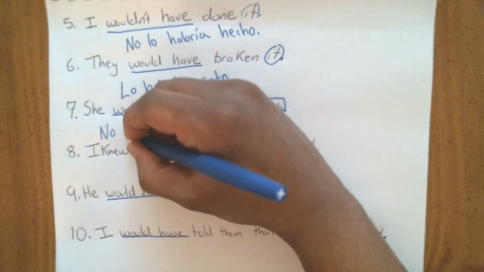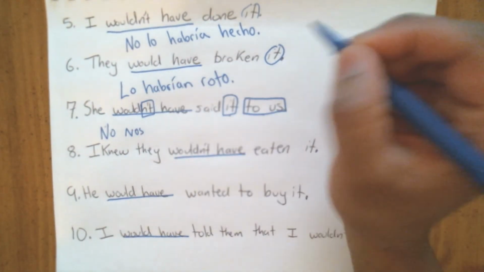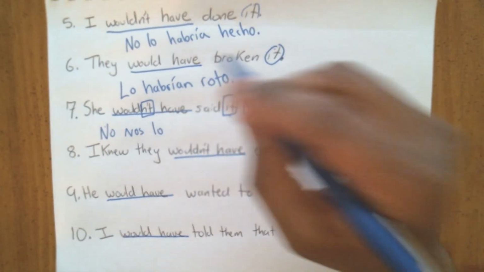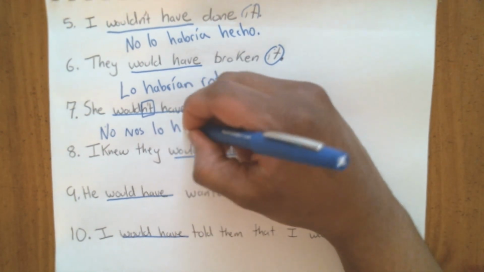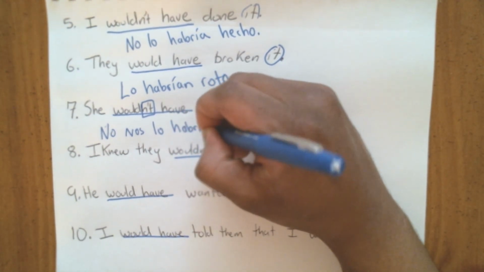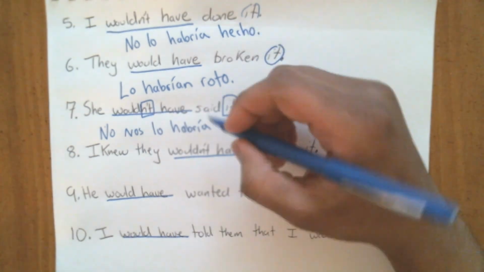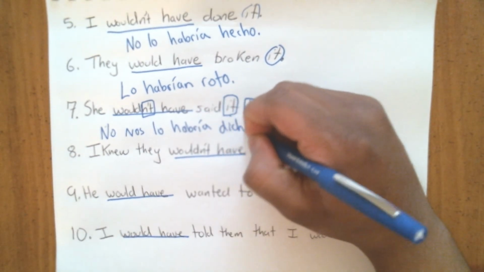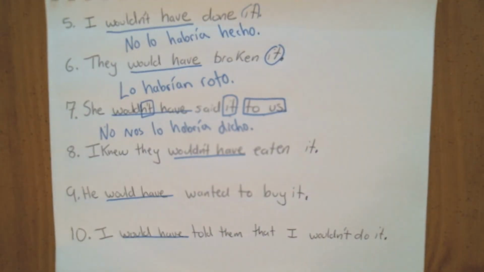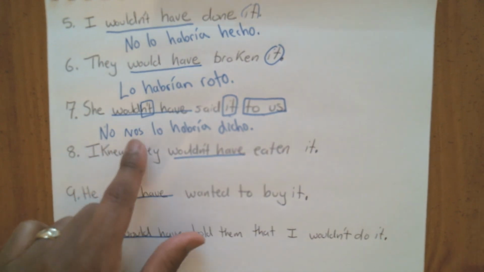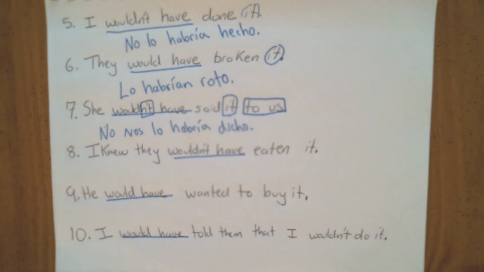So it's no nos lo habría, because she wouldn't have, dicho. No nos lo habría dicho. Not to us it she would have said. Or she would not have said it to us.